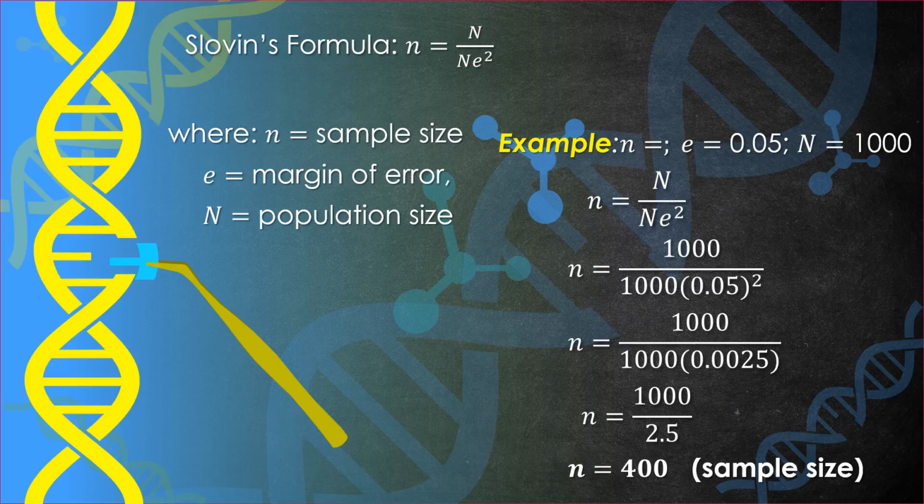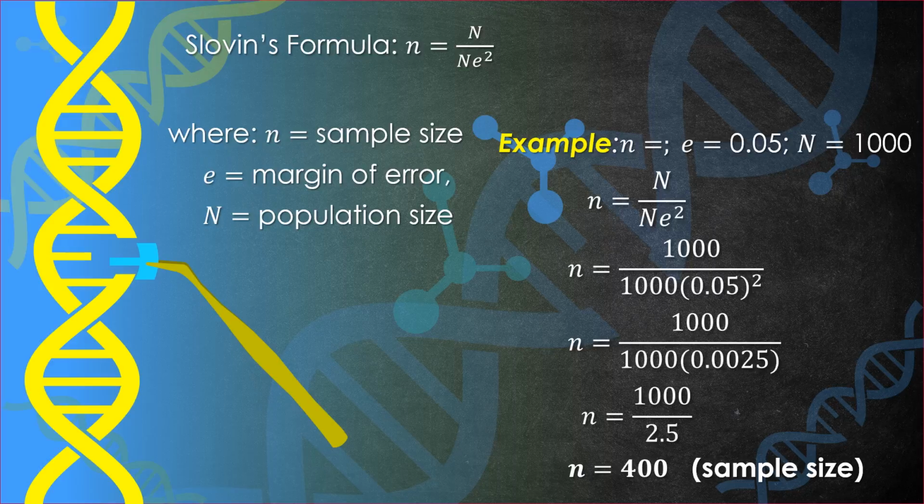To determine the desired number of samples needed given a certain population, there are different formulas that can be used, one of which is the common Slovin's formula. So, we have here the Slovin formula: n is equal to uppercase N over uppercase N times margin of error squared. Lowercase n is the sample size.